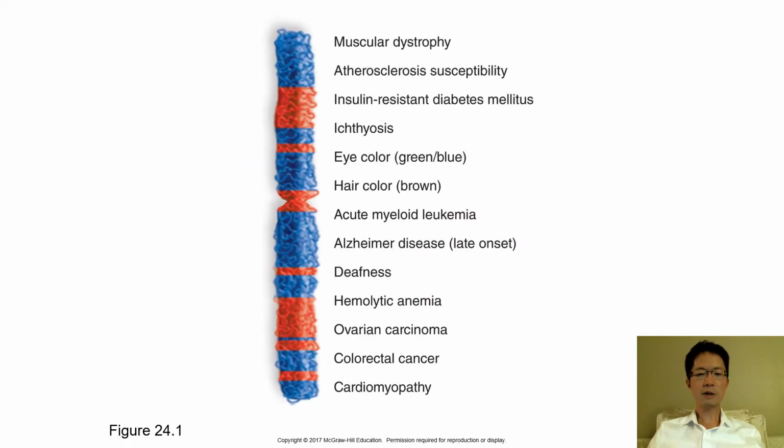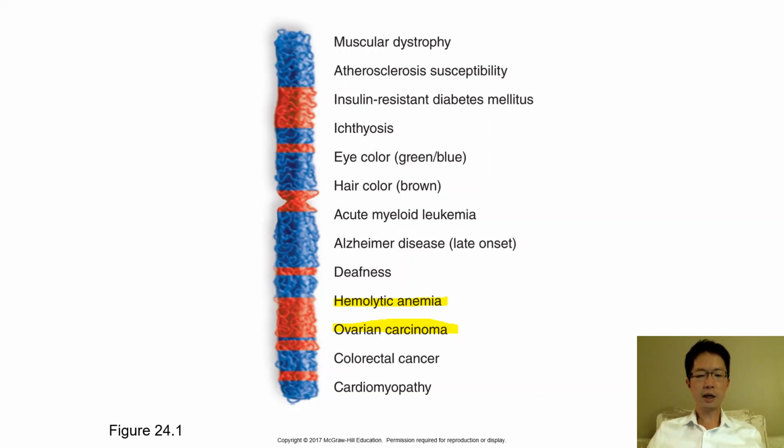Let's see some examples. You can see that all these genes are on this chromosome. What do I mean by linked gene? For example, hemolytic anemia and ovarian carcinoma, ovarian cancer. These genes are together, located very close to each other with very close loci, so we can call them linked genes.